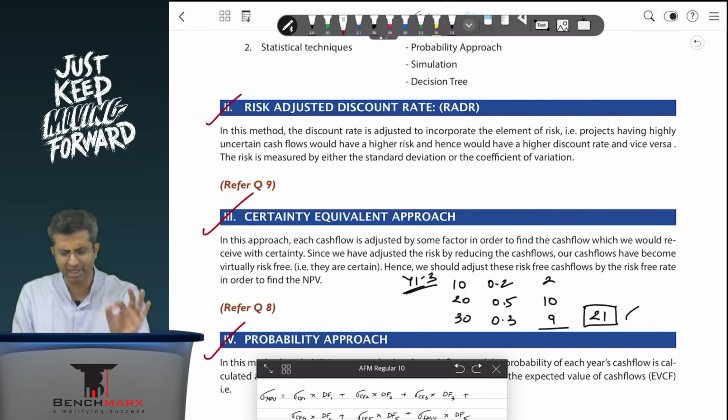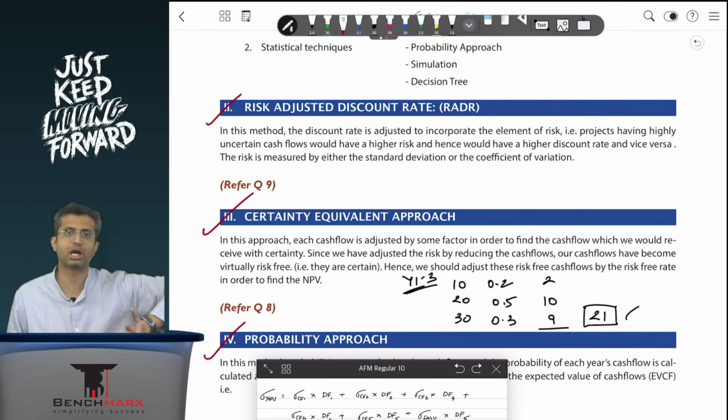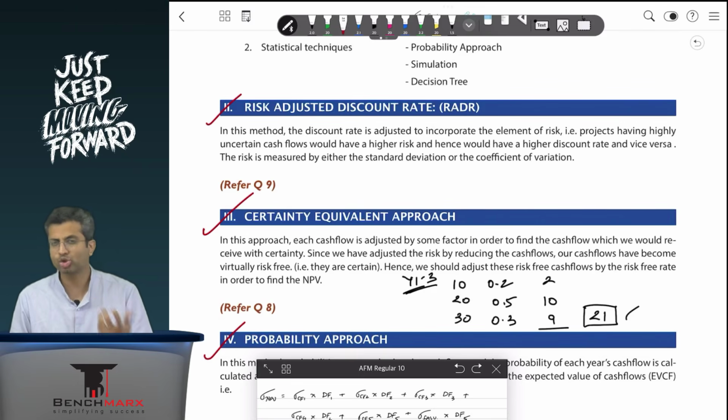You will multiply that to the expected cash flows to get the certain cash flows. And for finding the NPV, you will find the present value of the certain cash flows. Now, because you have removed the uncertainty and you are just having the certain cash flows, these cash flows do not have as much risk. So the appropriate discounting factor for a certainty equivalent question should ideally be your risk-free rate, because there is very limited risk.